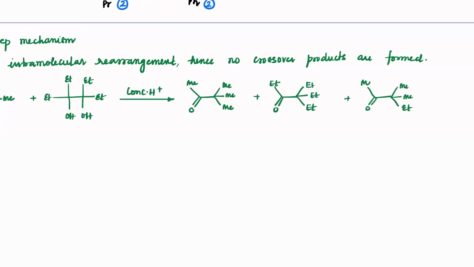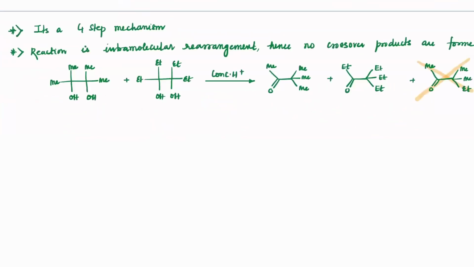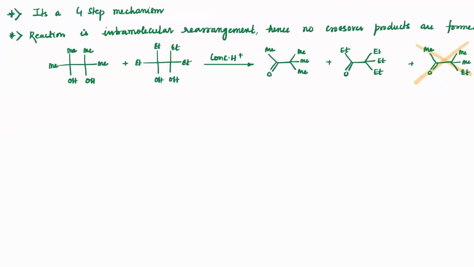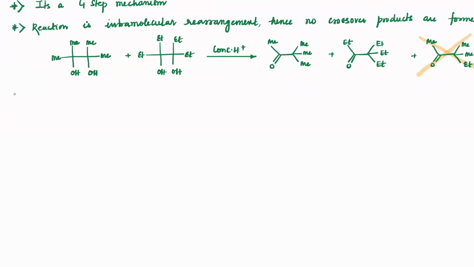So this is not formed. This is a crossover product that is not formed. This is a very important point to learn, that there are no crossover products that you will get. It is purely intramolecular.